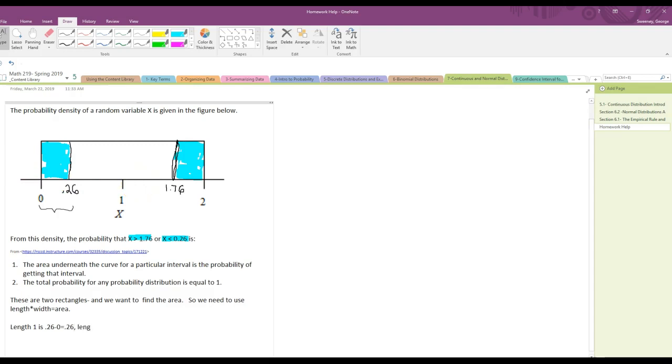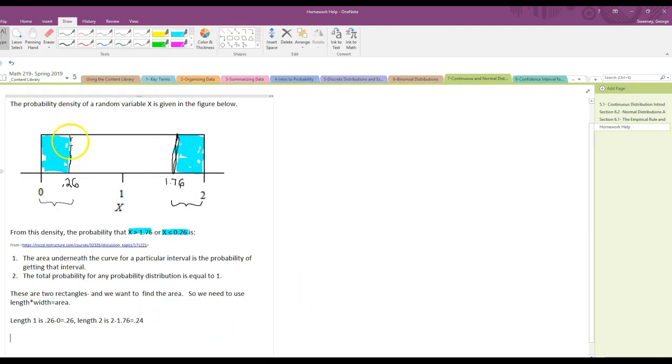And our length 2 is 2 minus 1.76, because it is this length right here, which equals 0.24. So now we've got the lengths that we're going to need.